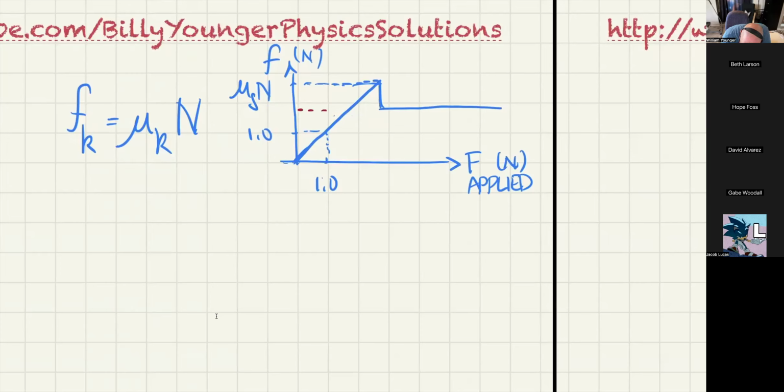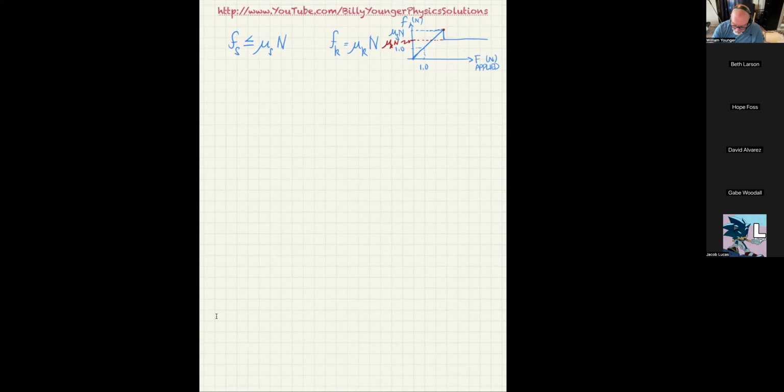This level of force is actually mu kinetic times the normal force. And all the other forces are just going to be exactly the same up until you get to this point right there. From that point to the right, any force you apply is only going to be subject to the kinetic coefficient of friction, and therefore it's going to be a fixed amount, mu kinetic times the normal force.